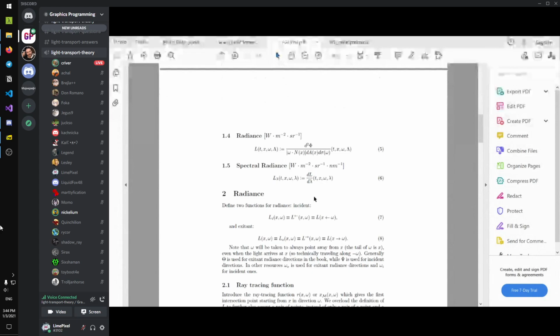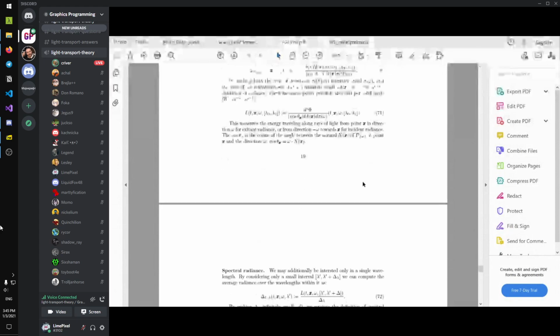This is just a derivative with respect to lambda. In general, when you see this d in front of something, you can think of it as a very small change in some aspect. So here it would be a small change in lambda.